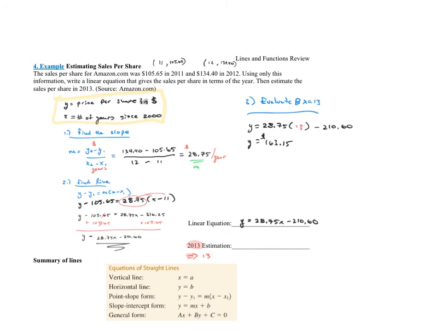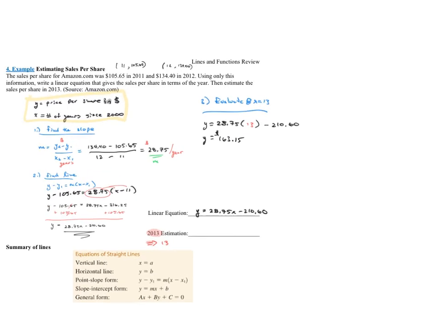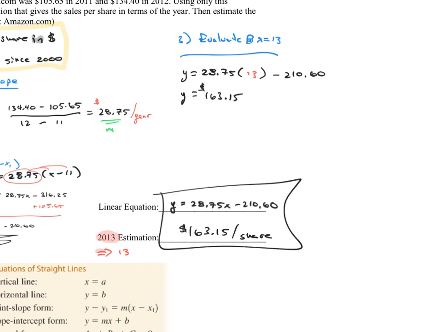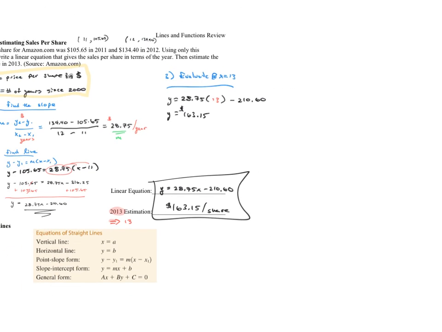So our prediction, our estimate is that the cost per share, if it continues at what it's at, would be $163.15 per share. So that's what it is right there. That's using an estimation, okay?